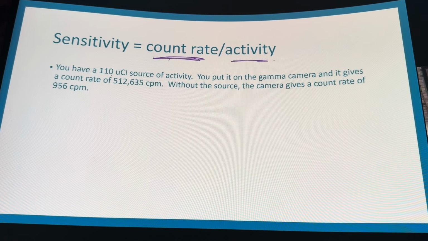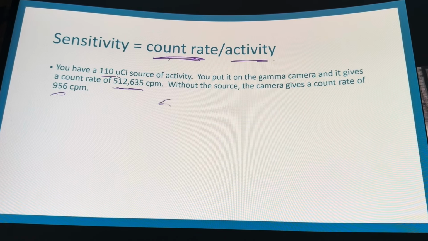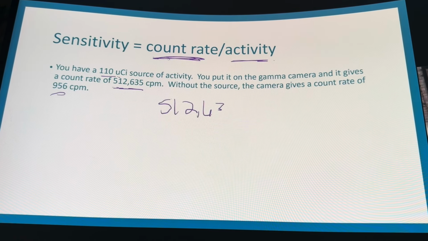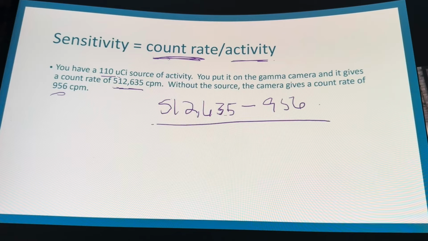So this particular problem, I have 110 microcuries, and I put it on the gamma camera, and it's giving me a count rate of 512,635 with a background of 956. So count rate is in the numerator. I'm going to take my 512,635, subtract my background of 956, and then I'm going to divide that.